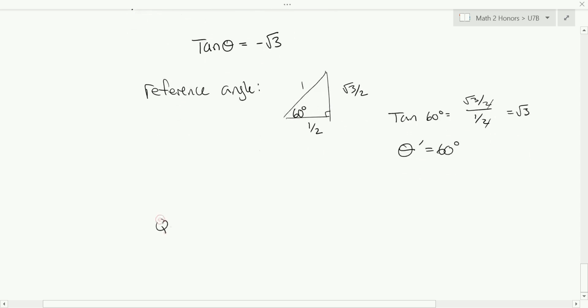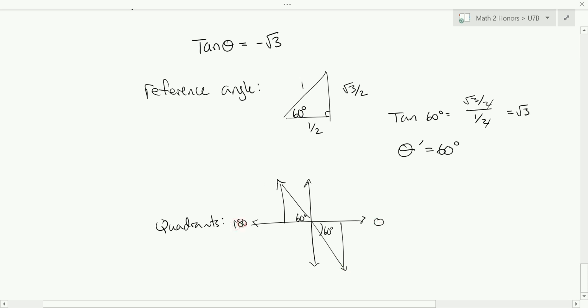And that's what we're going to put in our quadrants. So then the next thing we're after is what quadrants? And our tangent is negative. And we had one like that on the notes. And we found that tangent's negative in which quadrants? 60 degrees in 2. 60 degrees in 4. And then once you're there, then you just got to find out, well, where am I pointed? We're able to use degrees here.